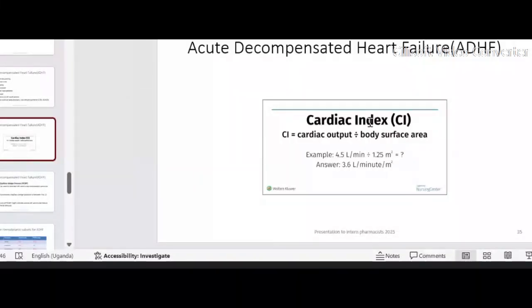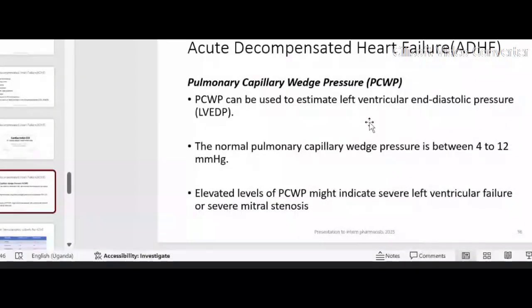Another important term is pulmonary capillary wedge pressure. It is used to estimate left ventricular end diastolic pressure. The normal PCWP is 4 to 12 millimeters of mercury.